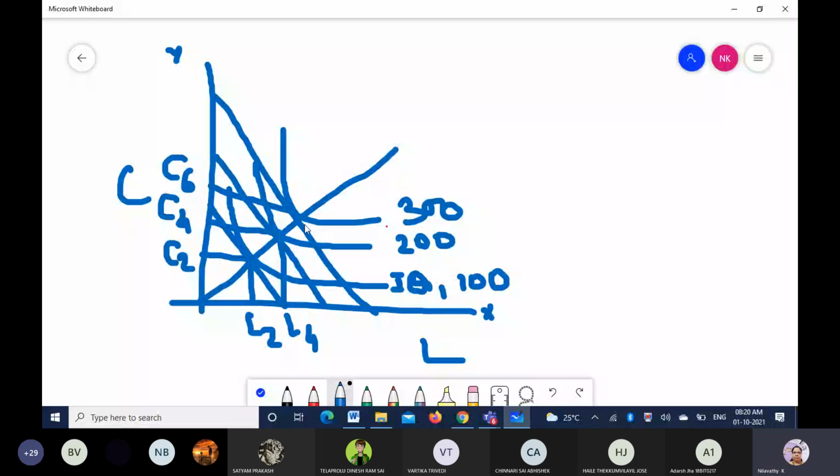They are explaining with the equilibrium, not only with the isoquant, but the isocost line is also taken, where they are saying consumer equilibrium, sorry, producer equilibrium. The producer's equilibrium point is determined.